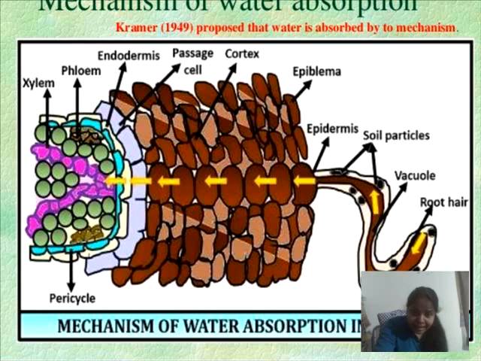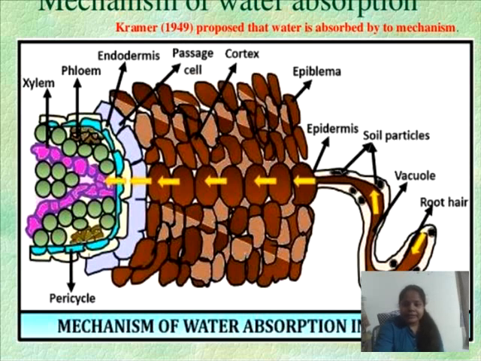finally reaches the endodermis. So, how is the pathway? The water enters from root hairs up till endodermis through the osmotic gradient. That is how: the soil has less OP and more water potential.